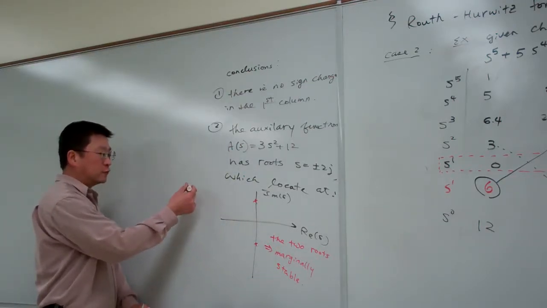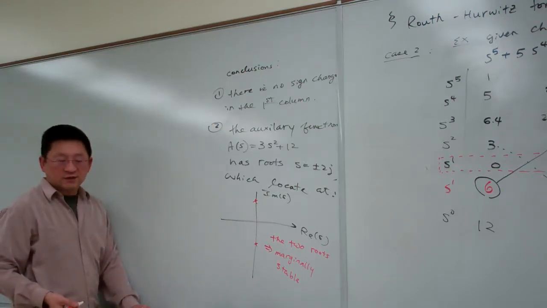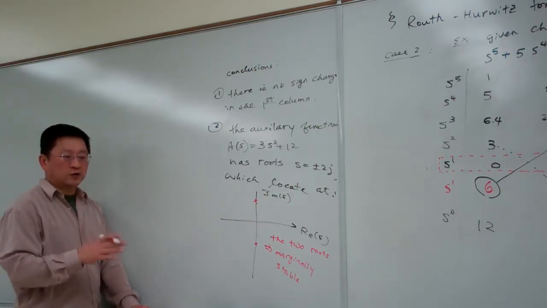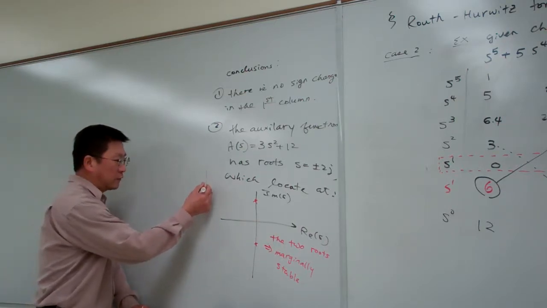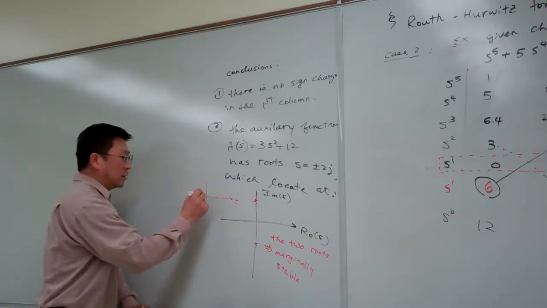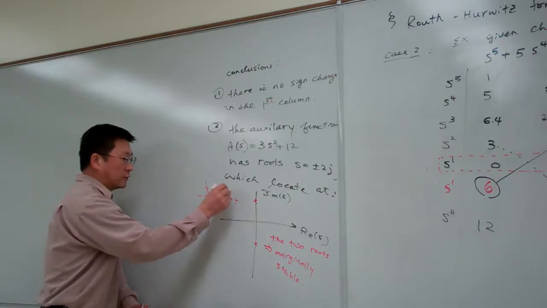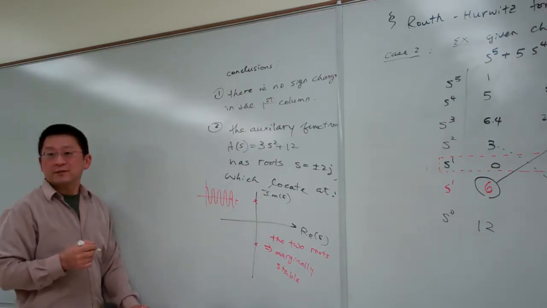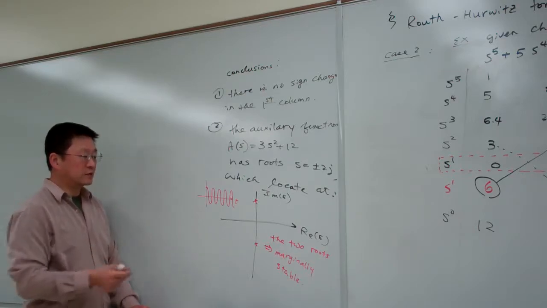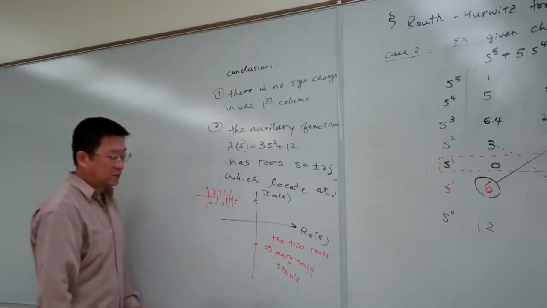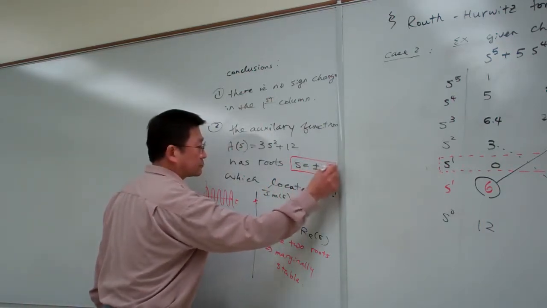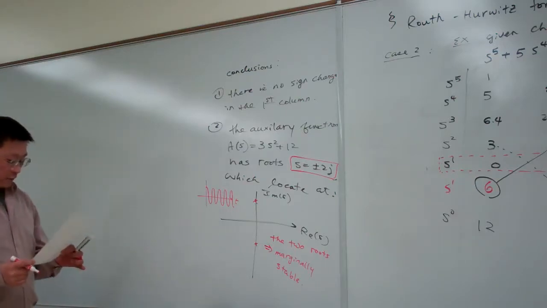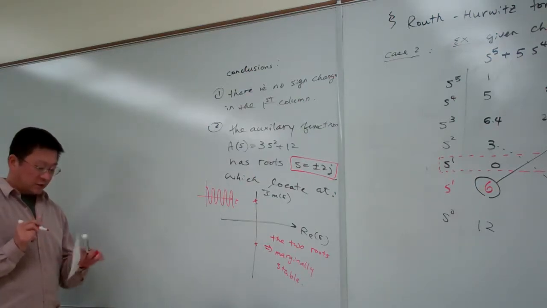Basically, if you remember our discussion about the correspondence between time response and the location of the poles, here in the time domain the corresponding response is pure sinusoidal oscillation. So we say the system is marginally stable due to the two roots here.